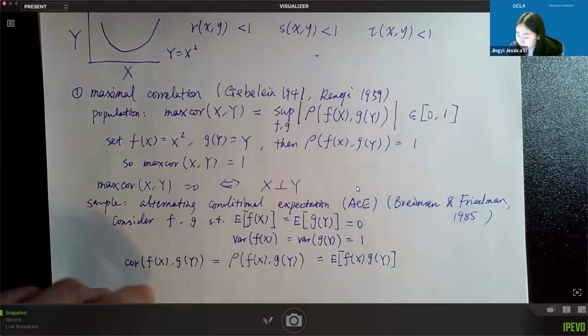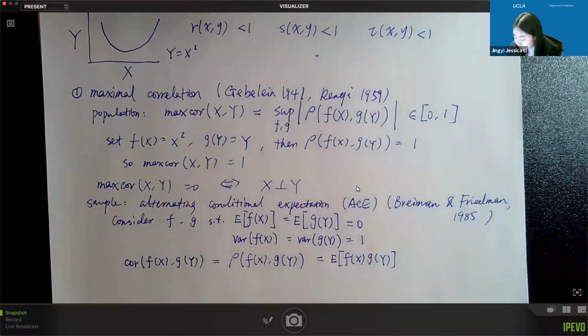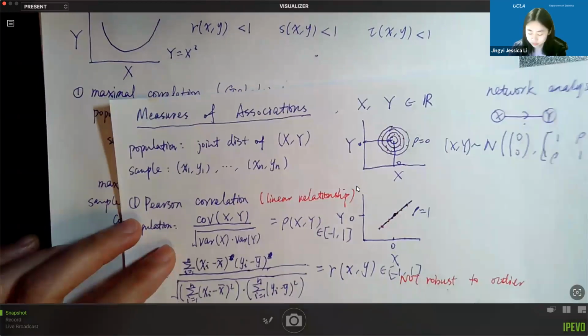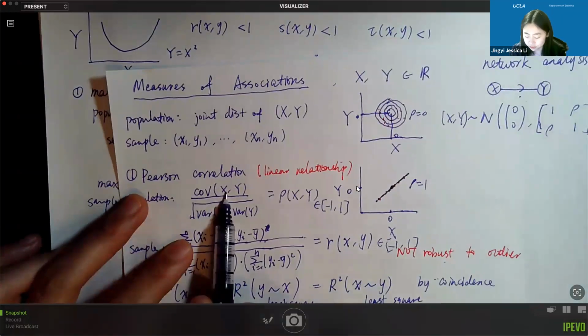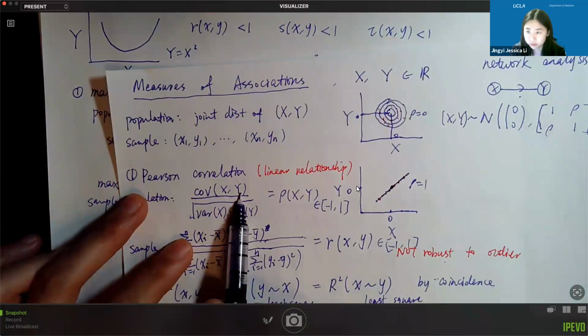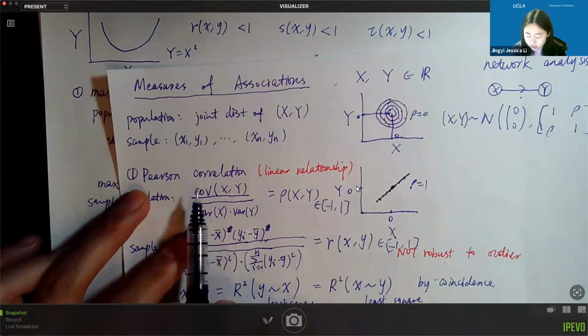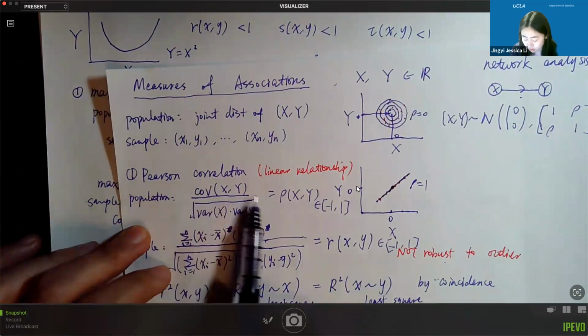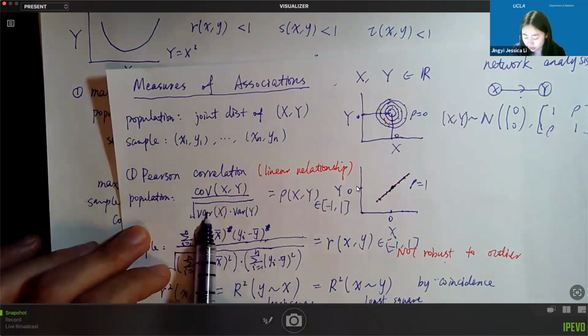This can be seen from our population Pearson correlation right here. Whenever x has variance 1 and y has variance 1, then their covariance is just equal to their correlation, right? Because the variance is equal to 1.